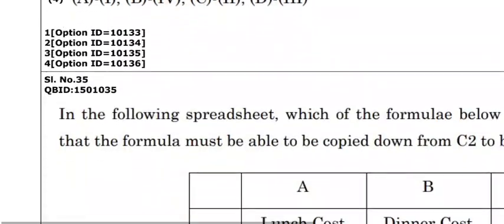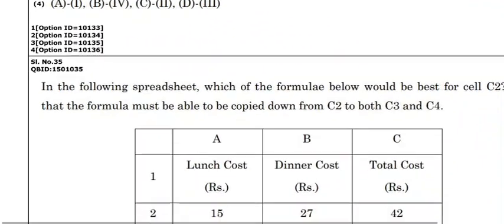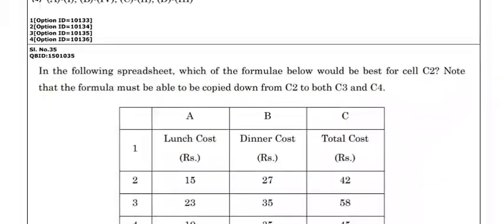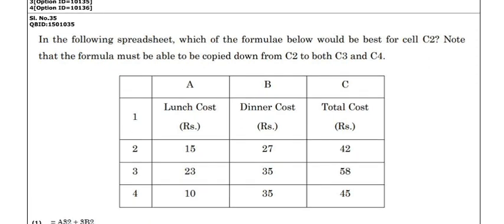Next is related to mathematical sum. 35. It says in the following spreadsheet, which of the formula or formulae below would be best for cell C2? Note that the formula must be able to be copied down from C2 to both C3 and C4.